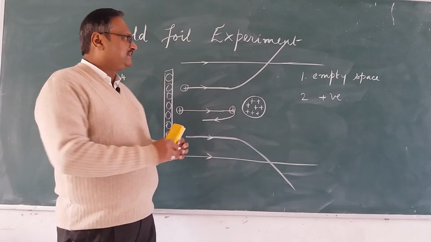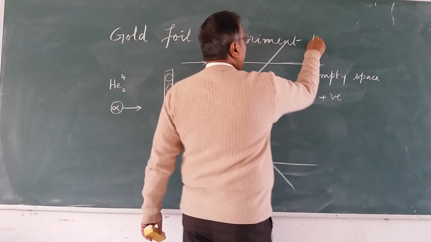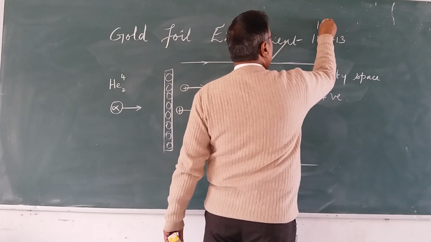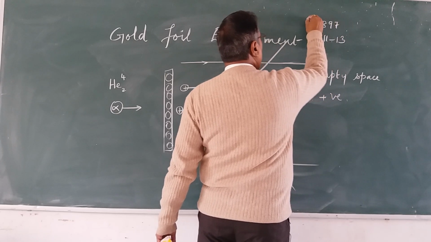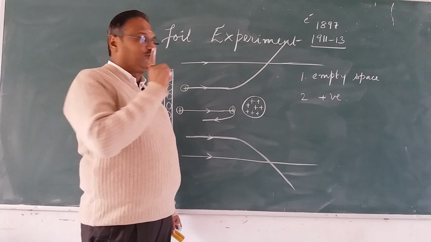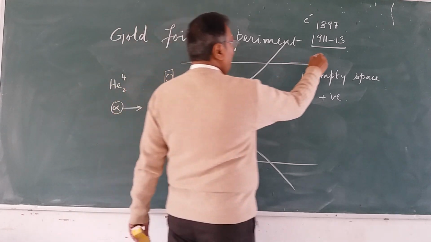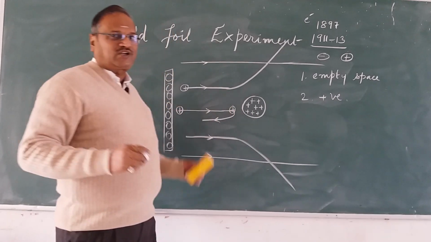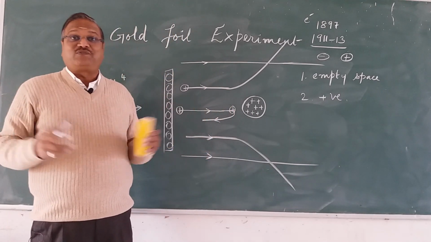Keep it in mind, this is happening in 1911, 1913. In 1897 electrons were found, and at this time we still only talk about negative charge and positive charge. Neutrons have not yet been discovered.